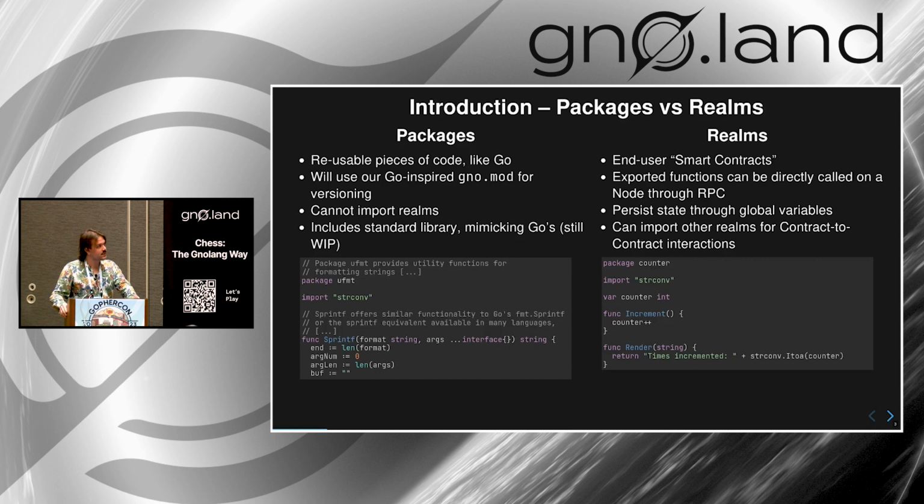The exported functions that you see will also work as end-user RPC endpoints, or API calls, in the sense that, as we'll see later, you can use one of our command line tools, or in general one of our API clients, to connect with the gno.land RPC node and make transactions with it.